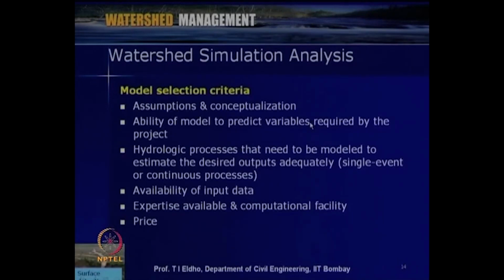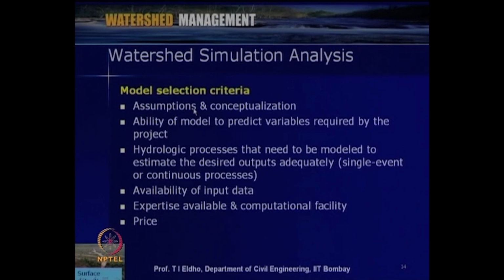So, that way the hydrologic model we can develop, it can be either a simplified model, a complex model, or a semi-complex model, depending upon what type of hydrologic processes will be considered as far as the model which we develop.